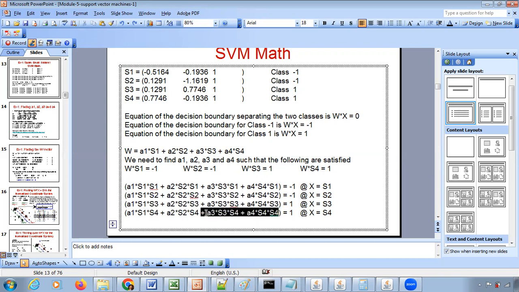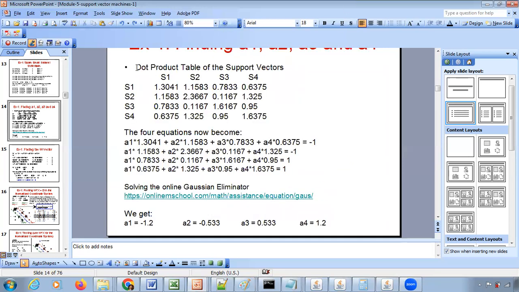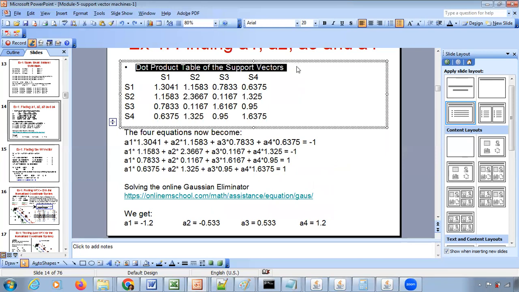And this equation S4 involves the dot product of S4 with each of the other support vectors. So each equation involves the dot product of that particular support vector at which you're evaluating this equation with the other support vectors. So what we will do is we will determine from now on what's called a dot product table of the support vectors.